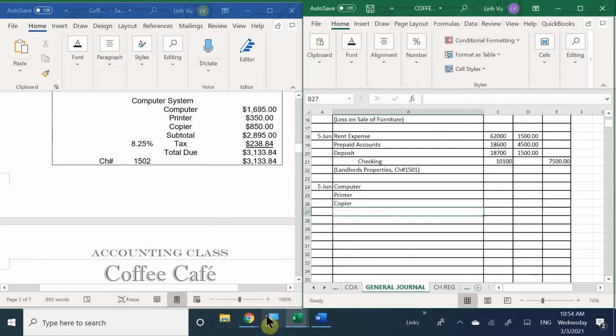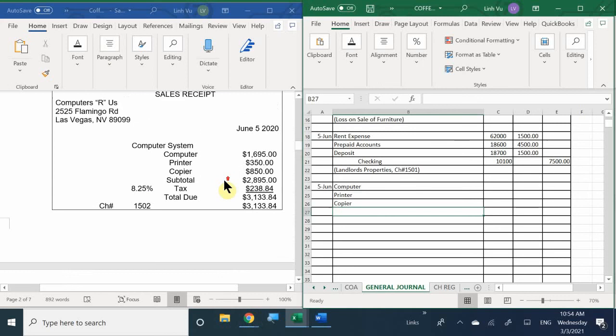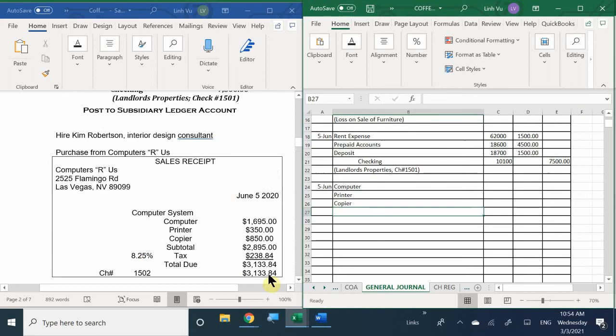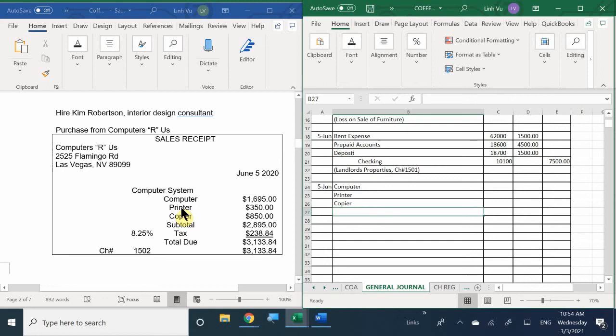Well, in this case, I'll figure it out after the break. But let's just take a look at this. Do you still have the sales tax and everything? Yes, the 8.25 and the check number. Okay. Yeah, it just comes out as different amounts.